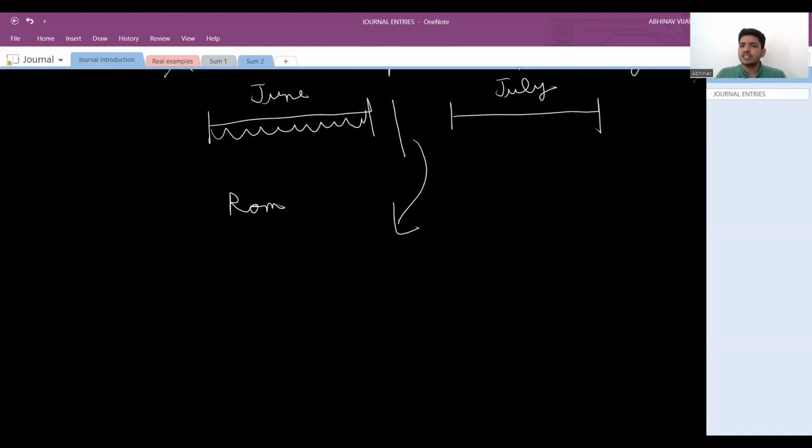So now in this case, what is the net impact on the business? This entry takes place at the end of June because at the end of June, Ram asks for July salary also. So at the end of June, 20,000 for the month of June and 20,000 salary for the month of July.